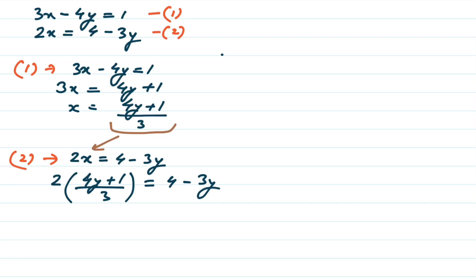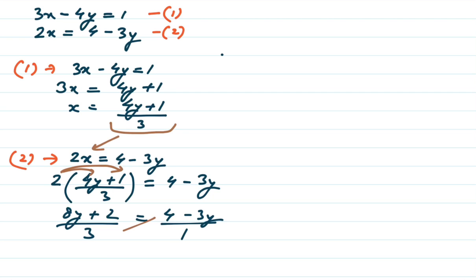So if you open the bracket, it's going to be multiplied with both the terms, and you're going to get it as 8y plus 2 over 3 is equal to 4 minus 3y. Now, we can cross multiply at this stage.